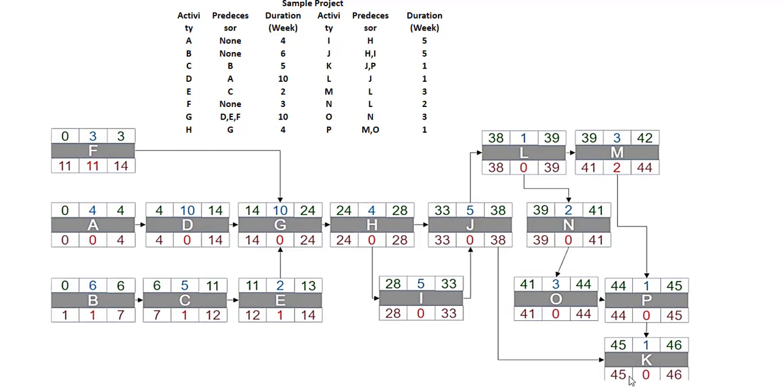Similarly, we will get 45th week as late finish date. As we have zero float, we have no buffer for late finish or late start. Similarly, it will be followed by second last activity, that is P, J and N and so on.